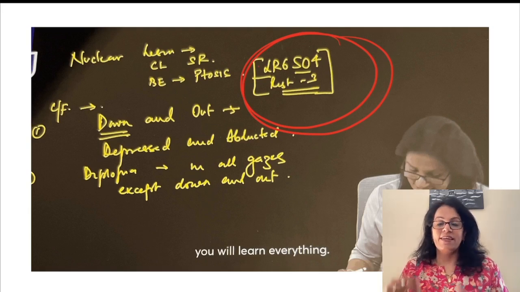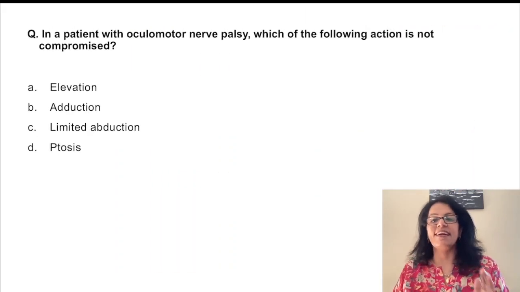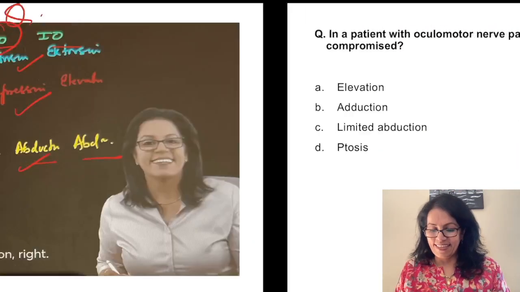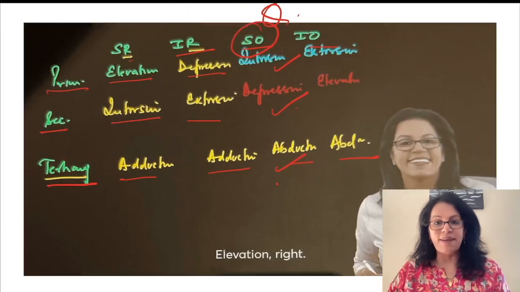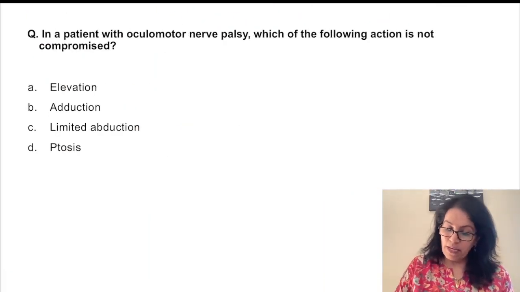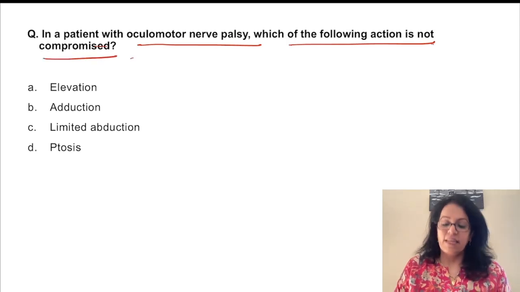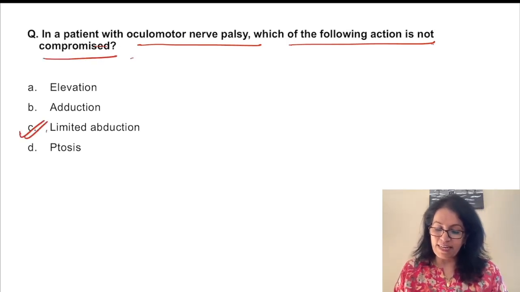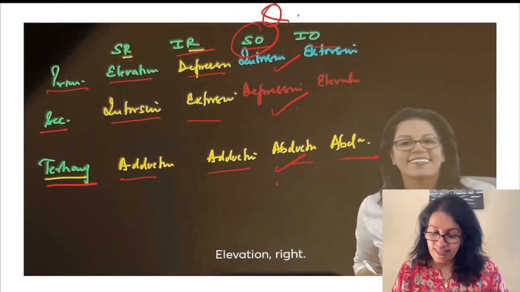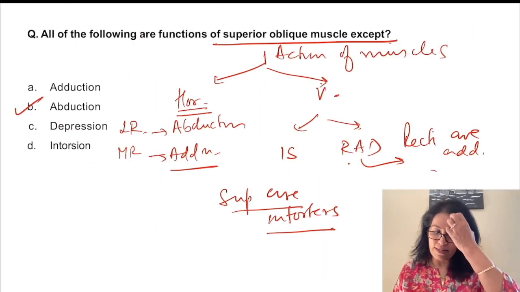Superior oblique is depressing, abducting: intorsion, depression, abduction. Which action is not compromised in oculomotor nerve palsy? This one is not compromised. Limited abduction, right? So this we will keep in.